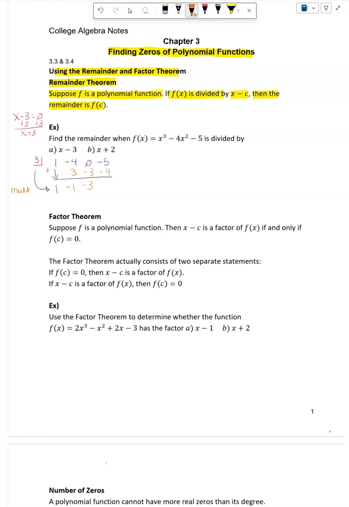Well, this is the last number that there is, so we always make a line here because this is our remainder. Negative 9 plus a negative 5 is a negative 14. So our remainder, which is what it asks for, is going to be negative 14 over x minus 3. You always put the remainder over what you divided it by, okay?